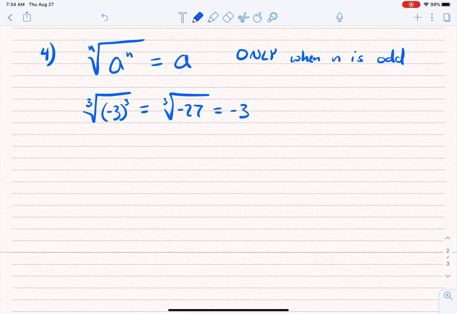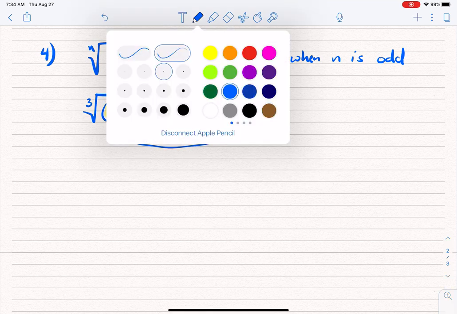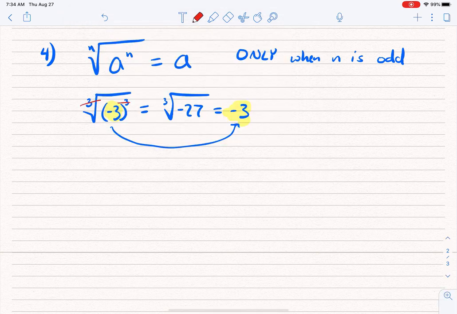And so see, that value that was inside here at the very beginning is the one that became the answer right there, okay? And so that value just came out. And I basically, in one sense, I could say, well, I just kind of canceled the exponent and the radical out, and I'm left with the negative 3. And this would work even with positives, of course.